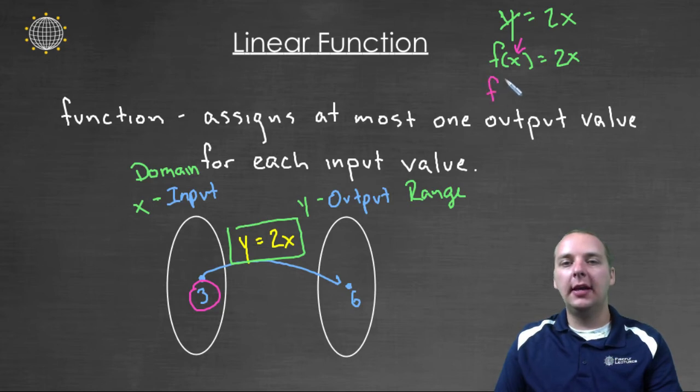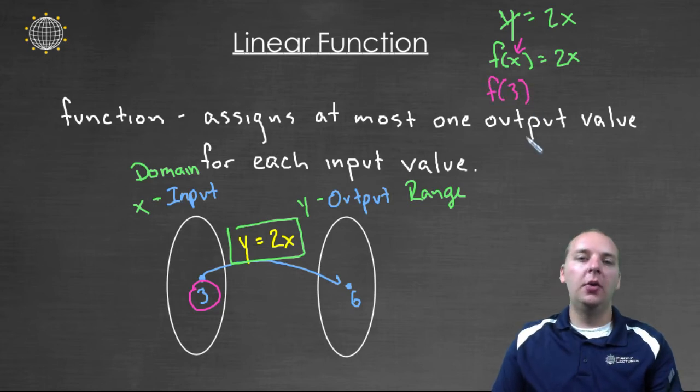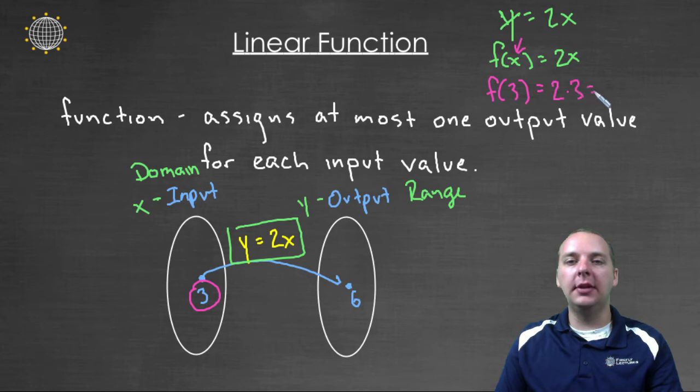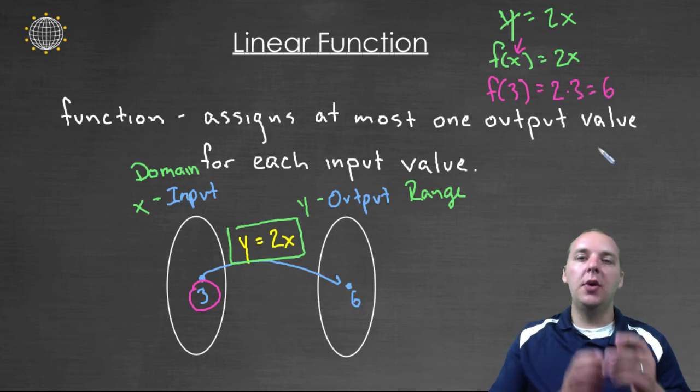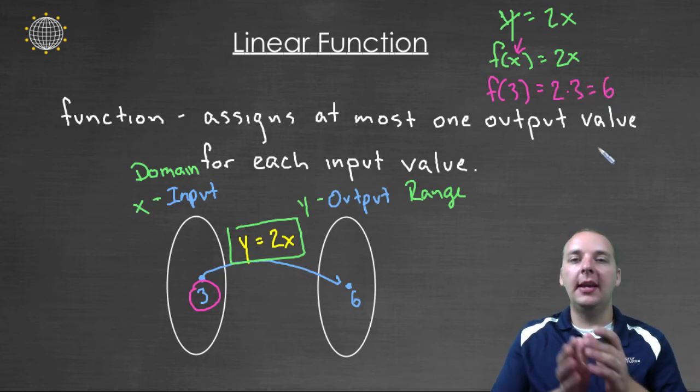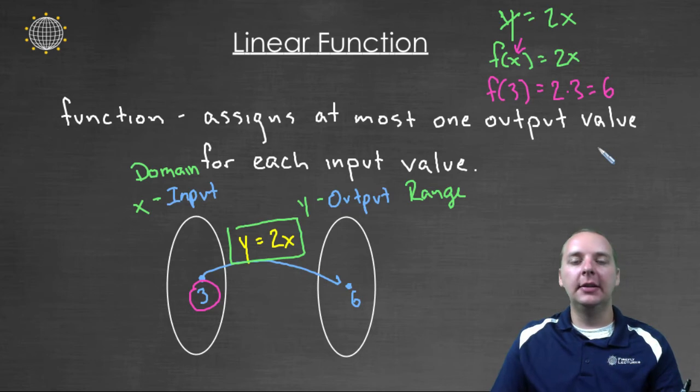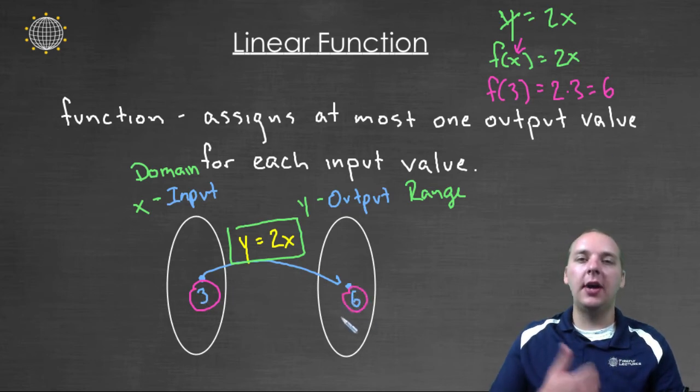So let's try that. f of 3 would be whatever output you would get from plugging in 3. And sure enough, 2 times 3 is 6. So x is 3, but f of 3 is equal to 6. So you have your input value and then f of x is your output value.